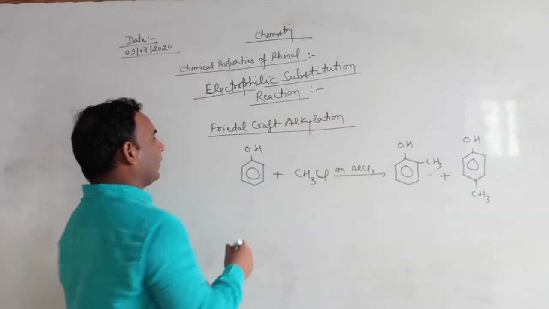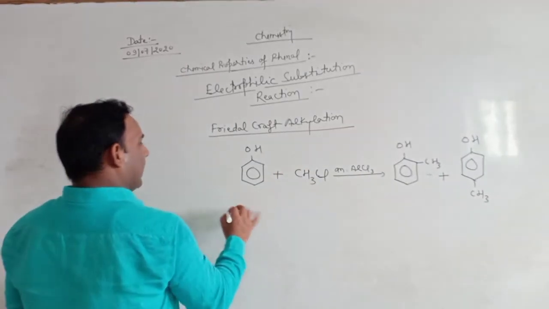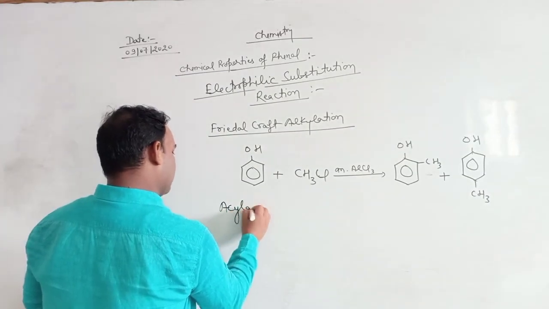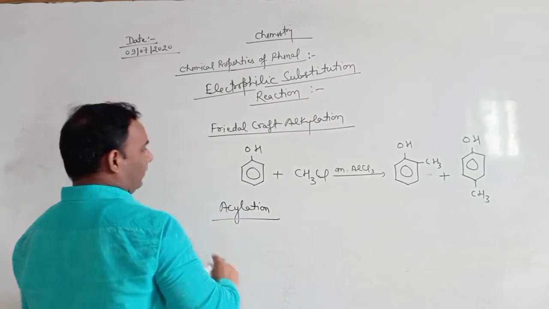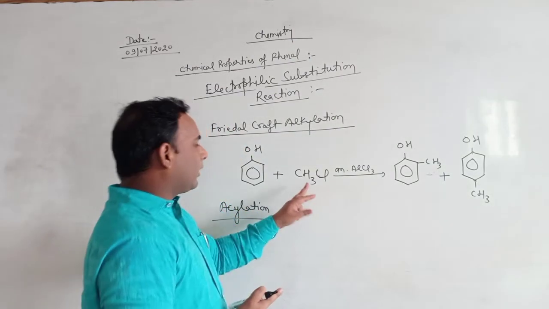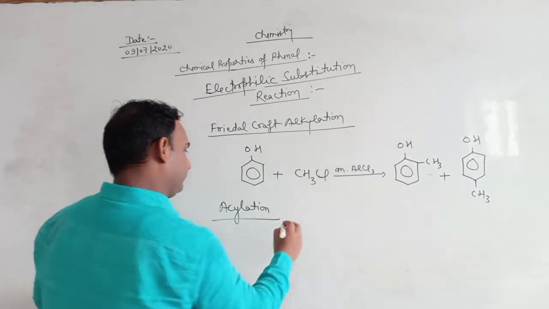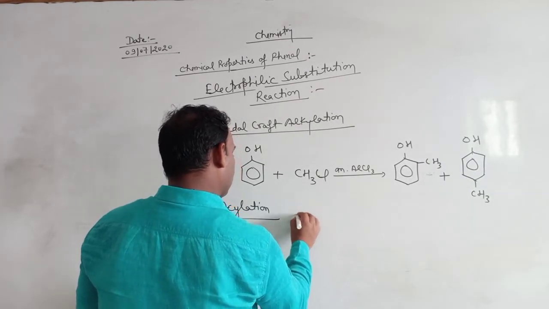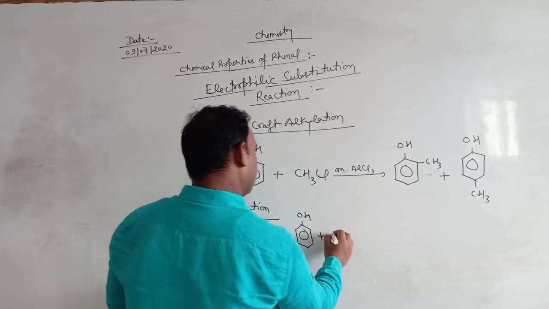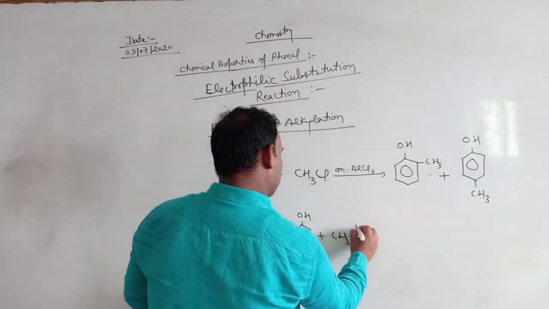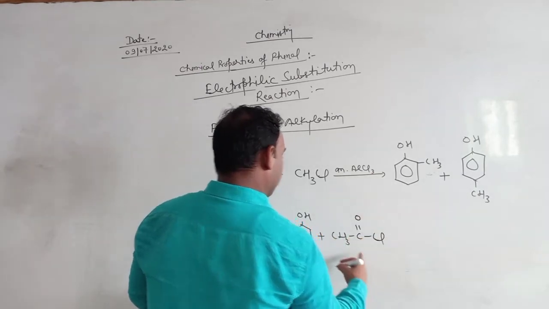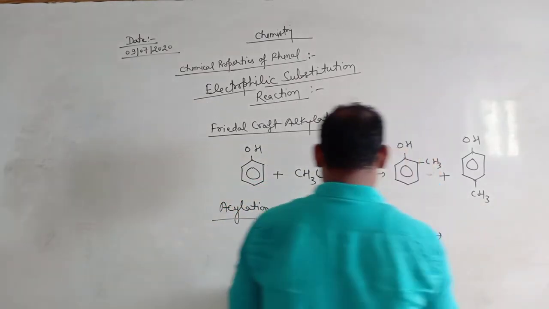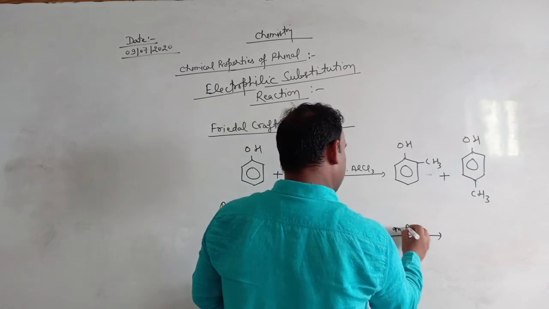Okay. In Friedel-Crafts acylation, the other reactant is an acyl halide. Phenol reacts with CH3COCl, an acid chloride, in the presence of anhydrous AlCl3.